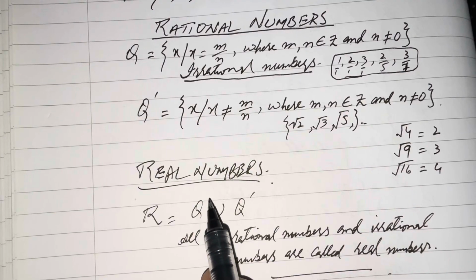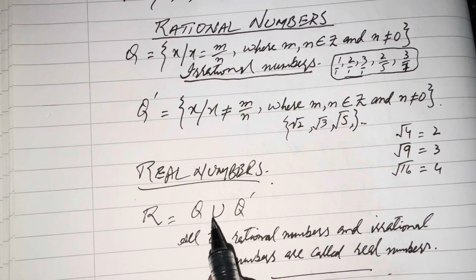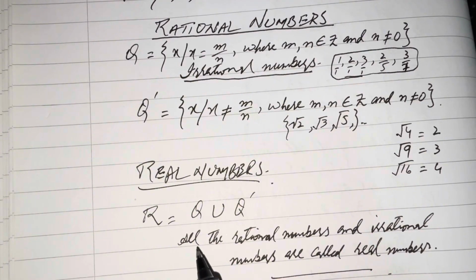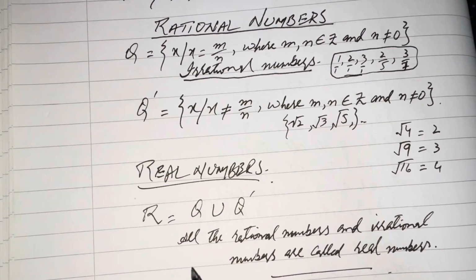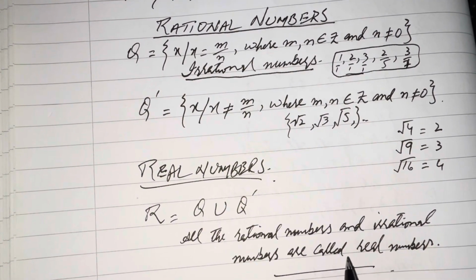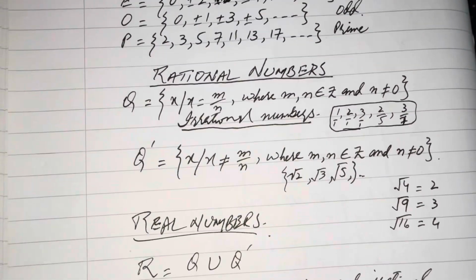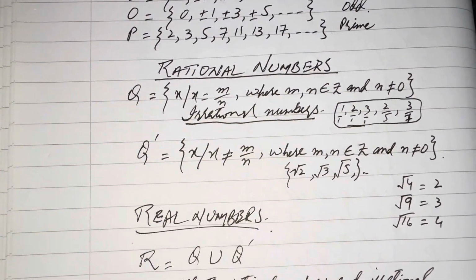In simple words, all the numbers are real numbers. So these are some types of sets that we normally use in mathematics.